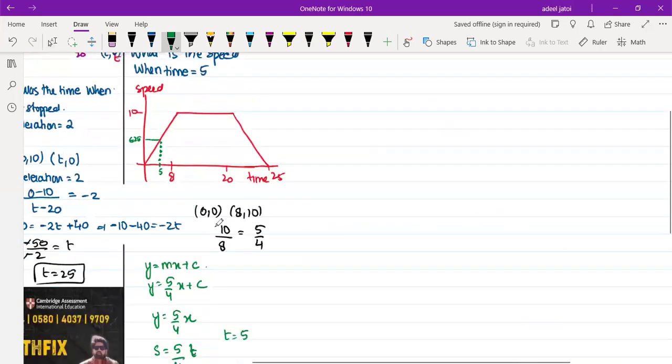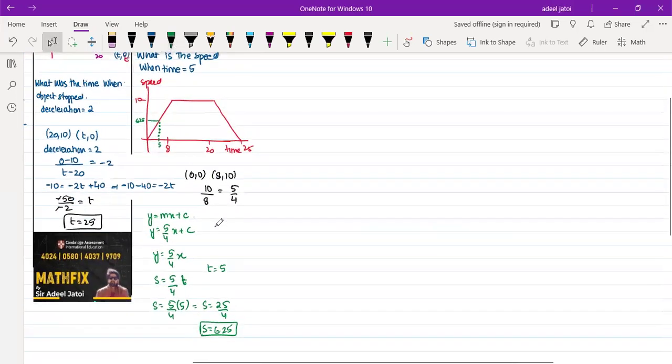So you need to find the equation, through y equals mx plus c. Your y represents speed, your x represents time. When you know that t is equal to 5, we substituted t equals 5 to find speed. Similarly, the question can be based on when the speed is given, and you will be told to find the time.